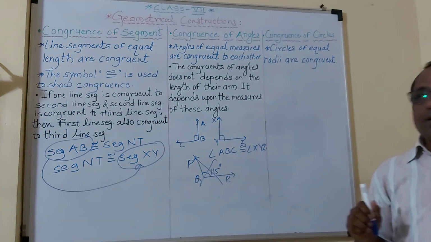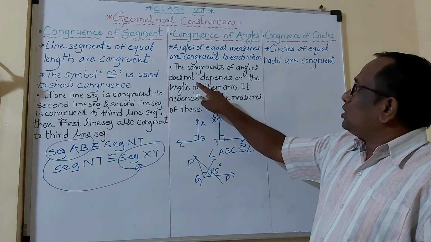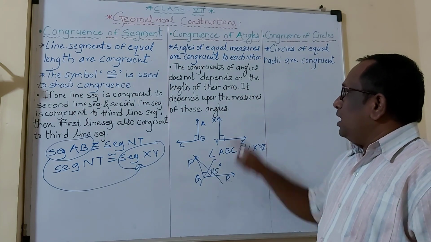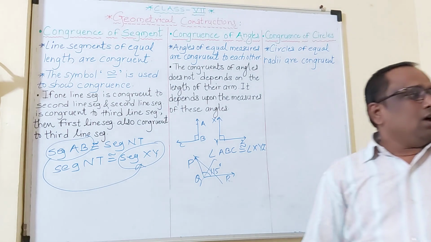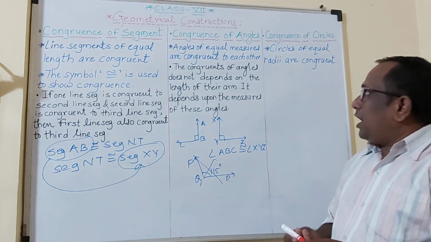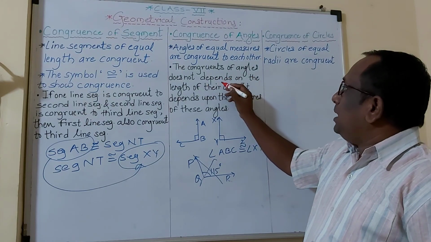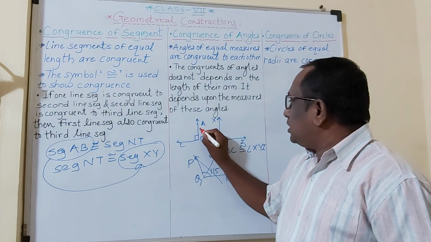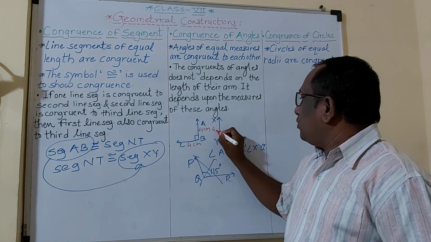Now one more property here, see students, the congruence of angles does not depend on the length of their arms. It depends upon the measures of the angles. For example, this is 4 centimeter, this is also 4 centimeter, this is also 4 centimeter.